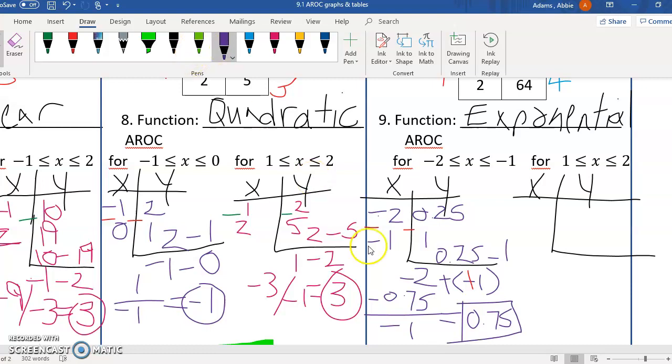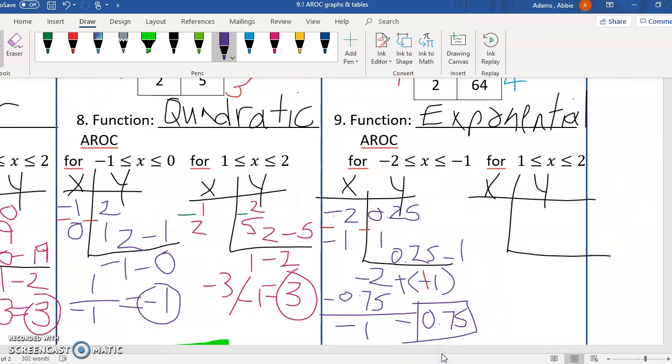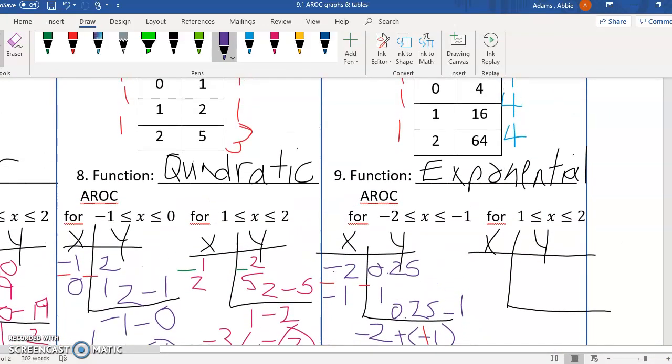All right, let's look at the next interval. I'm going to go from where x equals 1 to where x equals 2. When x equals 1, y equals 16. When x equals 2, y equals 64. So let's find the differences in our x and y's here.